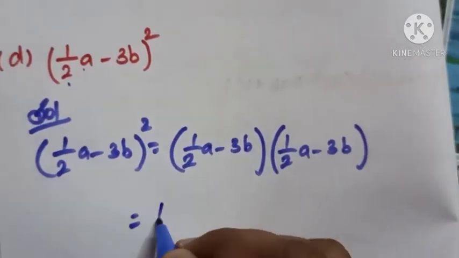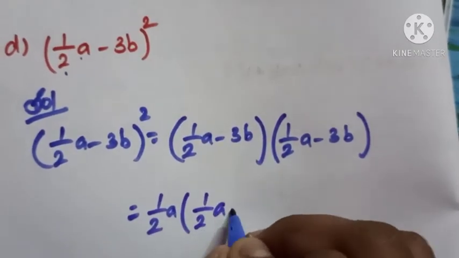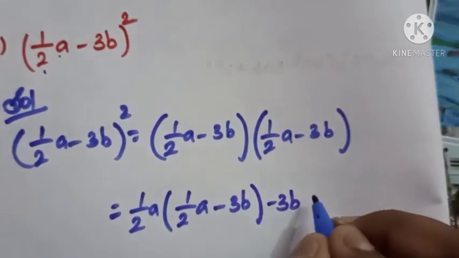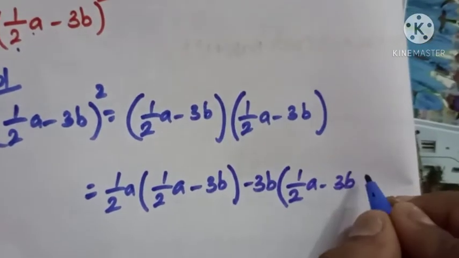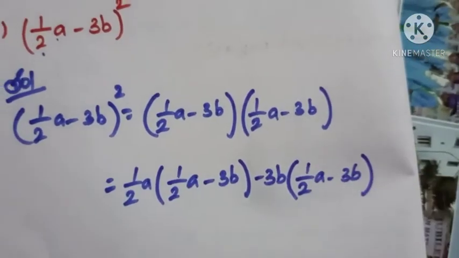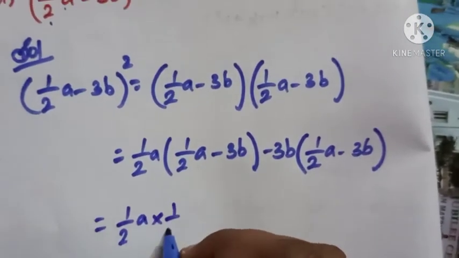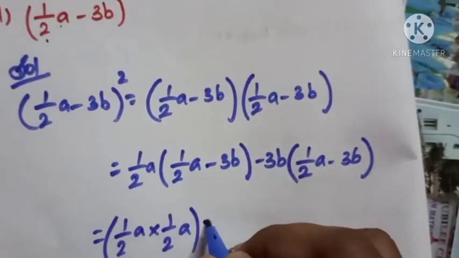1 by 2a is multiplied with 1 by 2a minus 3b, and this minus 3b is multiplied with 1 by 2a minus 3b. So now we can take them separately. So 1 by 2a into 1 by 2a, that is one set, plus; into minus, minus.